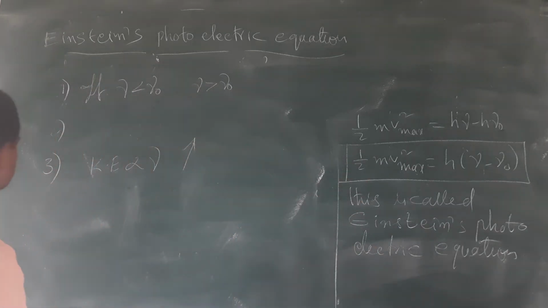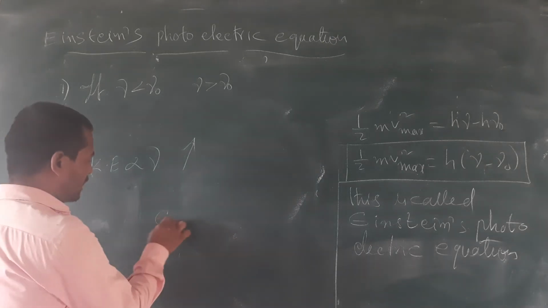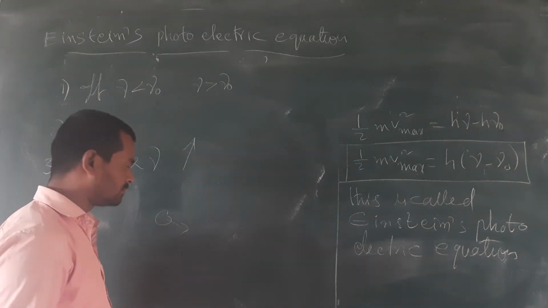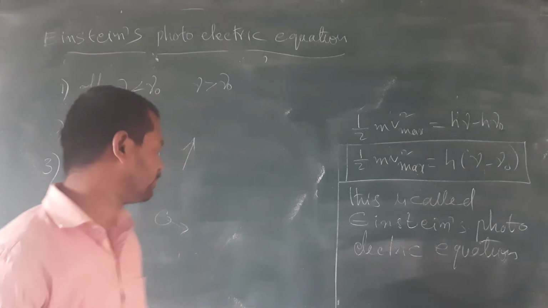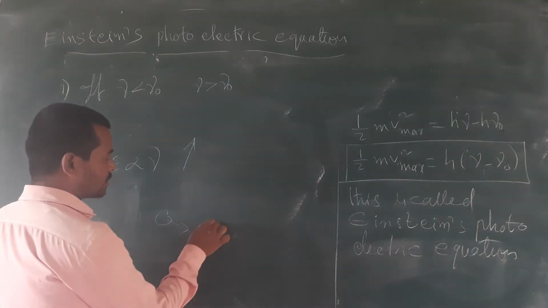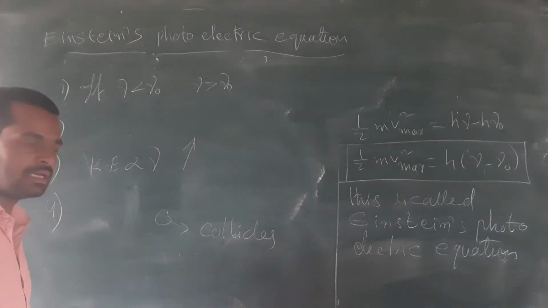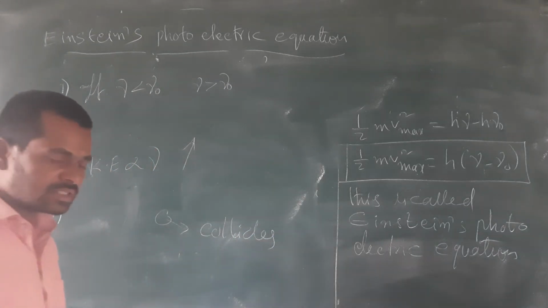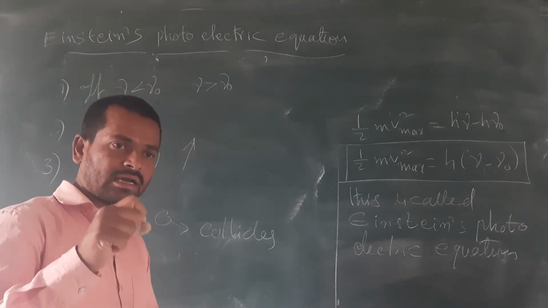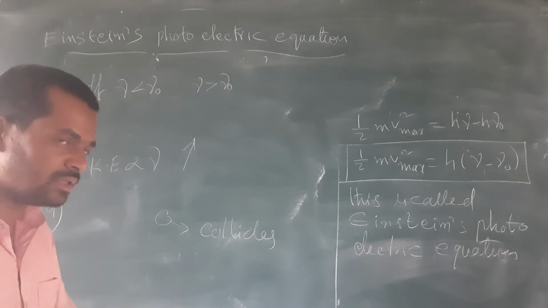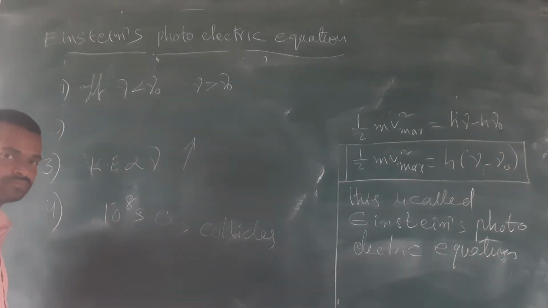And the last point in this process is, when the photon falls on the metal, it collides with the electrons. After the collision, the electron comes outside, and the time gap between them is approximately 10⁻⁸ seconds.